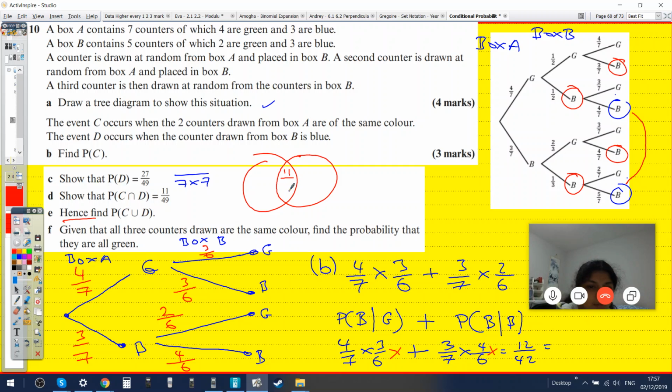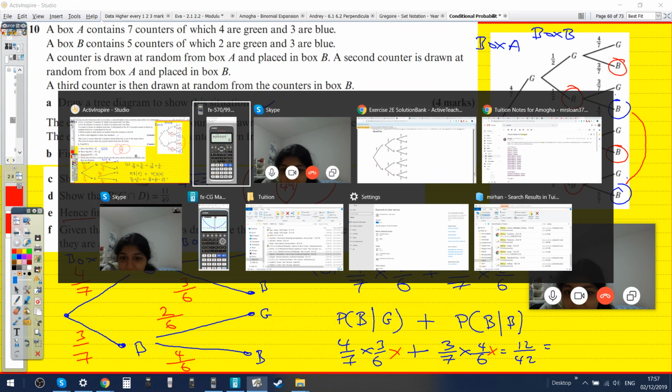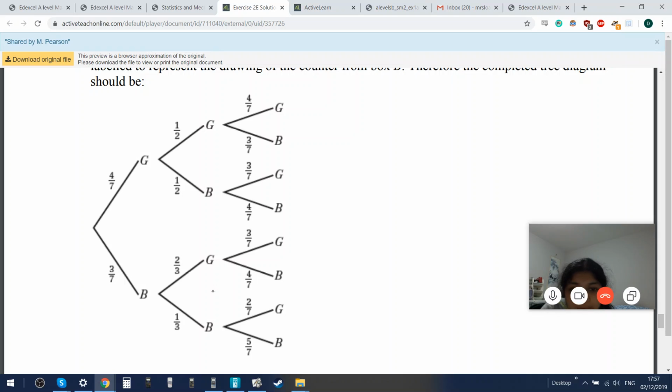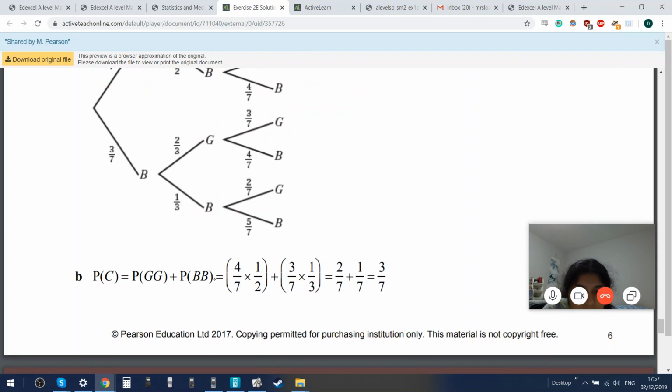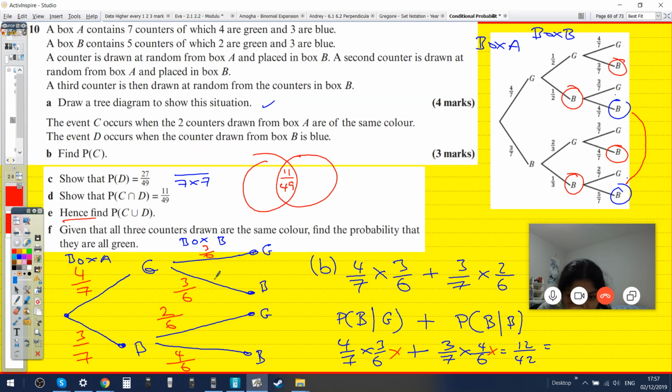Wait, is it not 12 over 42? P(C), the probability of C. The event C occurs when the two counters drawn from box A are the same color. The probability of C was 3 over 7. Okay.